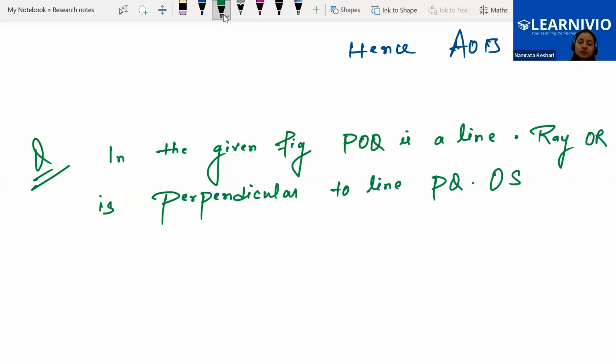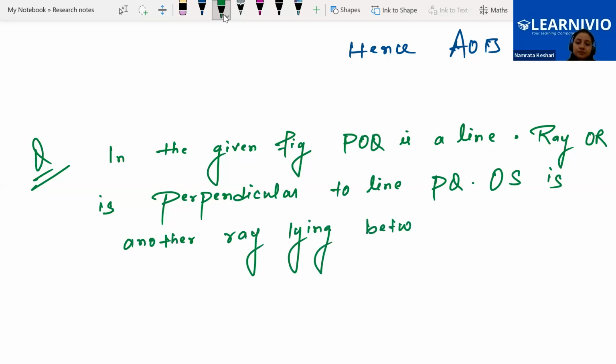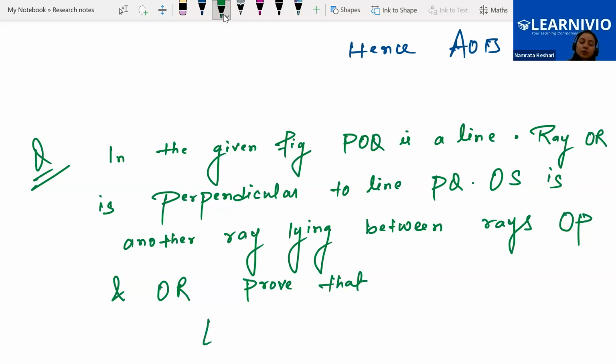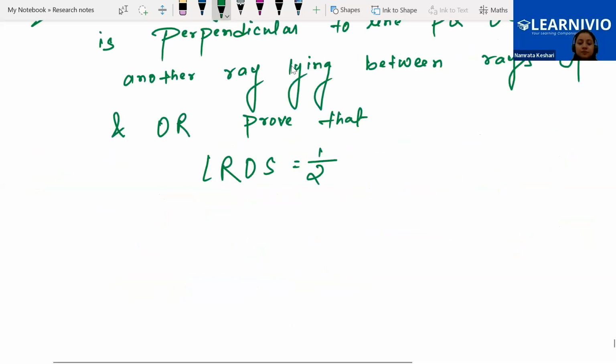OS is another ray lying between the rays OP and OR. Prove that angle ROS is equal to 1 by 2 of angle QOS minus angle POS.